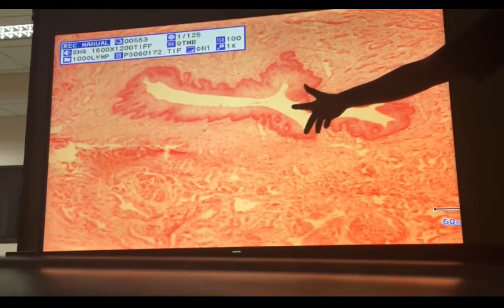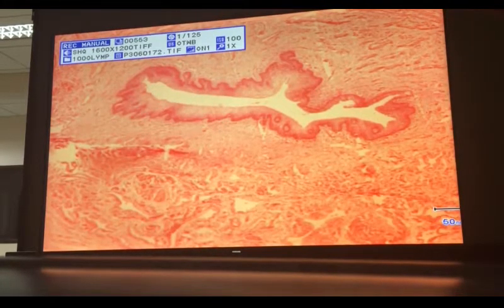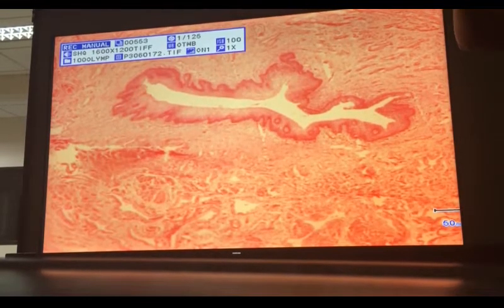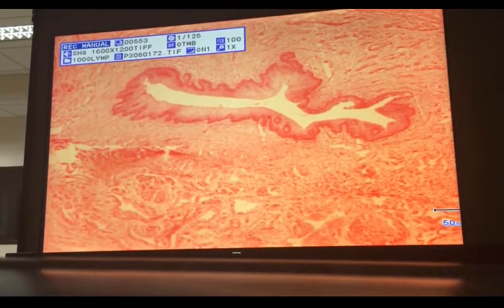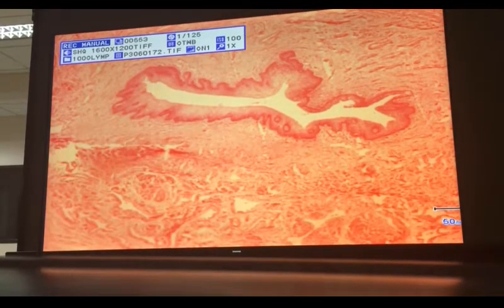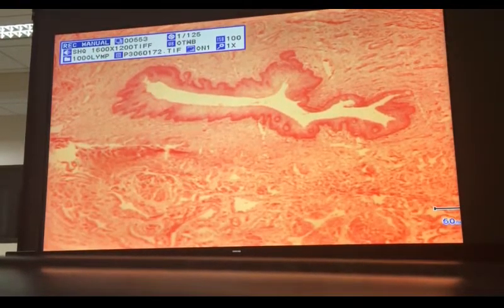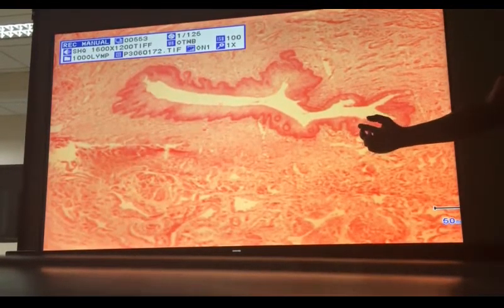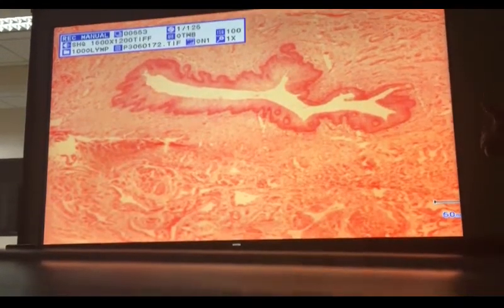The urethra may be lined by different types of epithelium. Near the urinary bladder, the urethra will still be lined with transitional epithelium. In the membranous portion of the urethra, it will be lined by stratified columnar. Near the urethral orifice, it will be lined by stratified squamous epithelium.